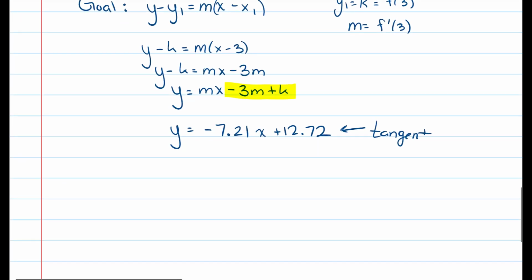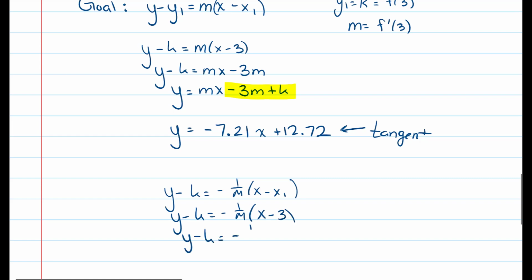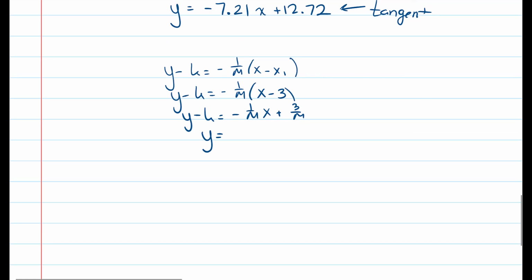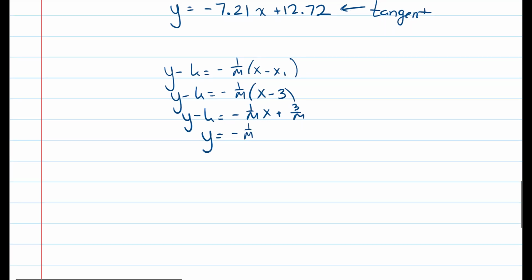And now to find the normal, I do y minus k is equal to negative 1 over m times x minus x1. So y minus k is equal to negative 1 over m times x minus 3. Y minus k is equal to negative 1 over m x plus 3 over m. So y is equal to negative 1 over m x plus 3 over m plus k.